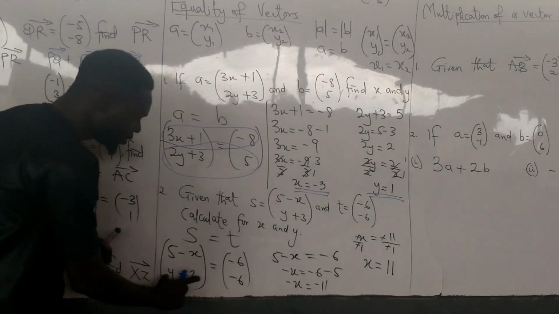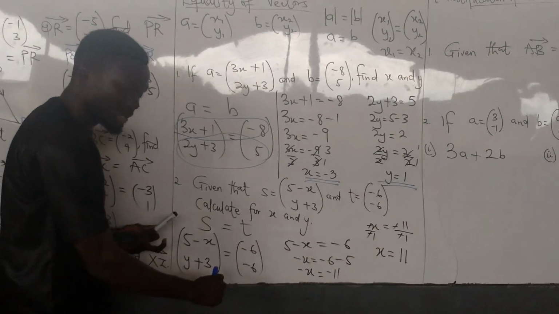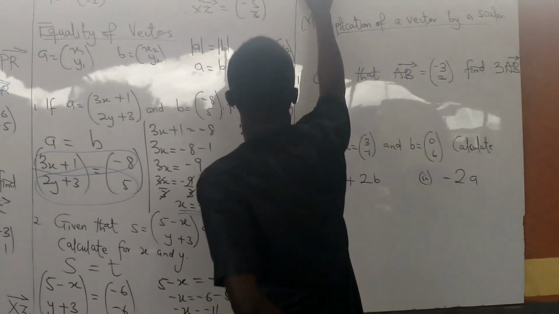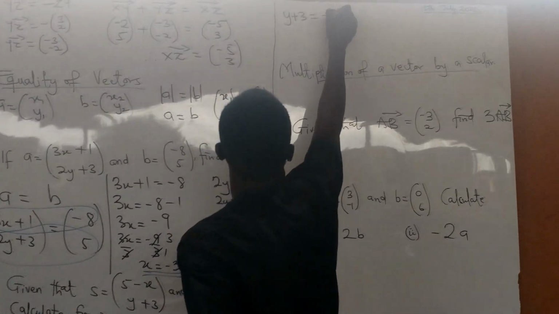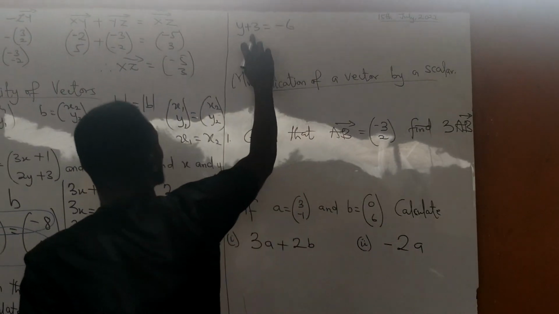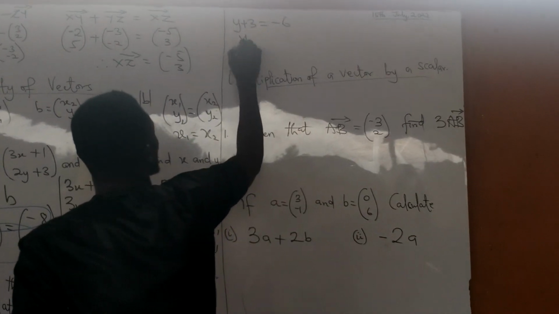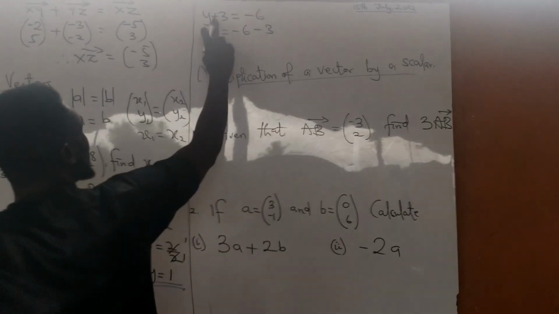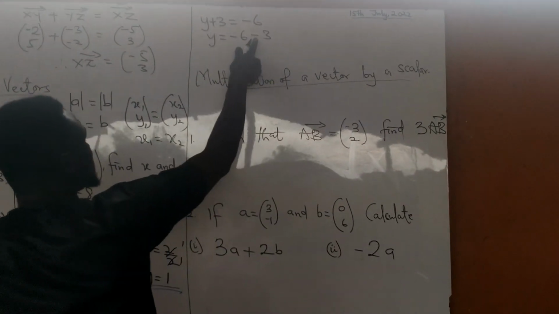We have the y value here as y plus 3, which is equal to negative 6. So let's come here and say y plus 3 is equal to negative 6. We group like things. Send this away. Y is equal to negative 6 minus 3, because when the positive crosses it is negative.